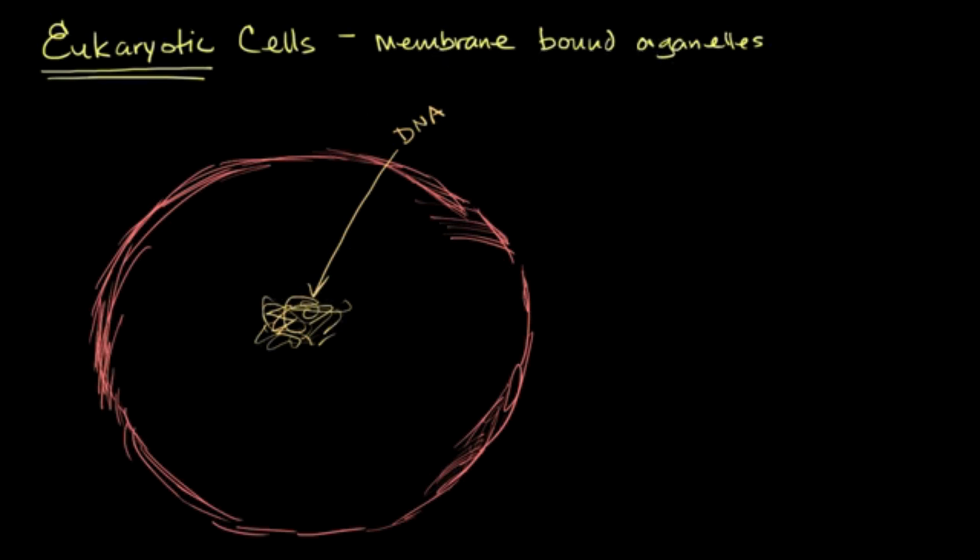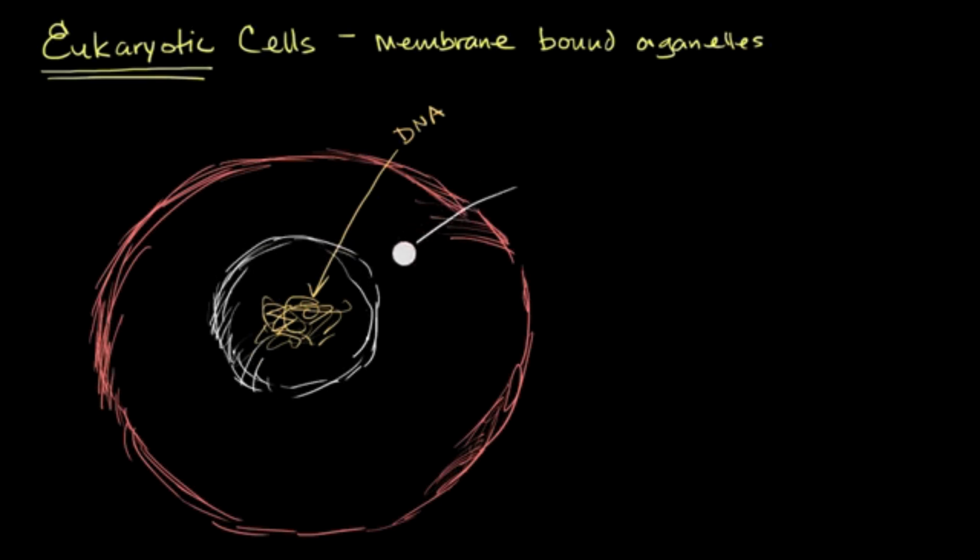And that membrane-bound organelle, or the membrane that surrounds the DNA here, that is the nuclear membrane. So let me draw the nuclear membrane right over here. And I'll put some shading in to appreciate that that also is going to be in 3 dimensions around the DNA. And so that is the first membrane-bound organelle that we're going to discuss, the nucleus.